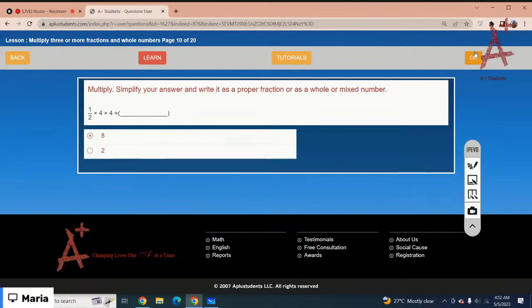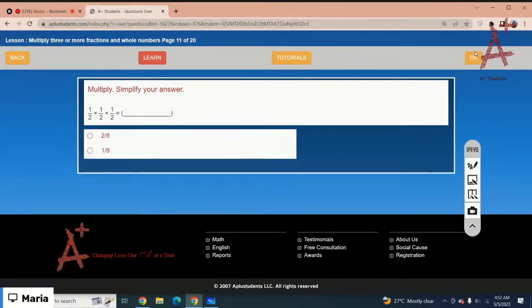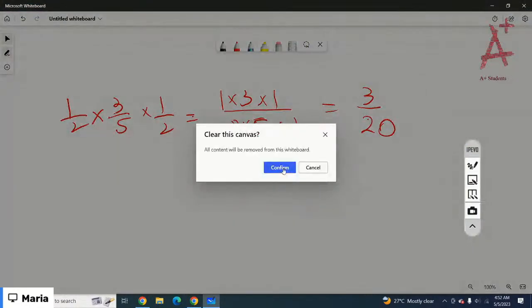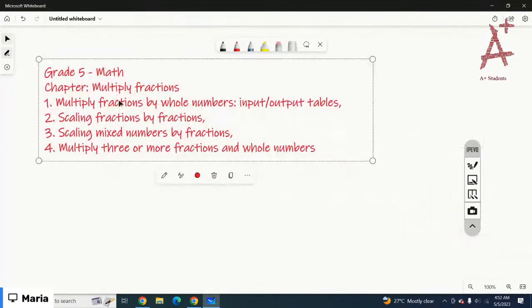Okay, you can complete the test by yourself later today. So we're working on grade 5 maths. The chapter we're working on is multiply fractions.